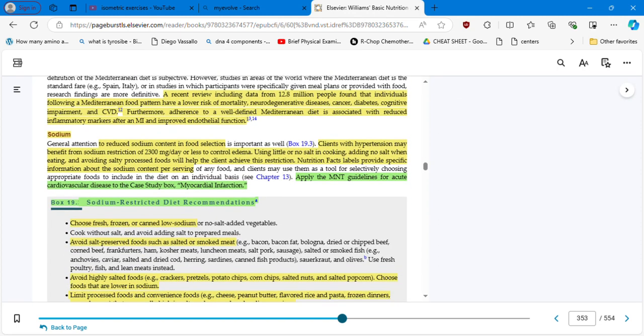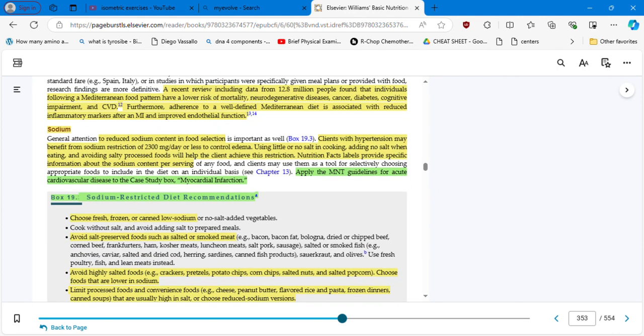So sodium, to reduce sodium content in food selection, we have to reduce sodium to prevent hypertension. And also we want to control the edema, right? A patient that is having problems with the heart is going to start collecting edema. So the restriction is 2,300 a day with the goal of 1,500 as we mentioned before, right?